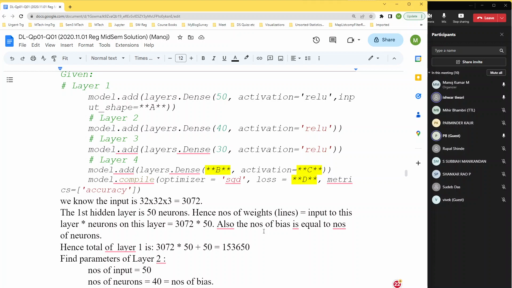So for each one, during initiation, or is it like only one bias? No, because the first layer is acting like an initiation layer, so that's why the bias value is 1 for each neuron. No, I think it is not always 1. Yeah, it cannot be 1, no? It is not always 1.